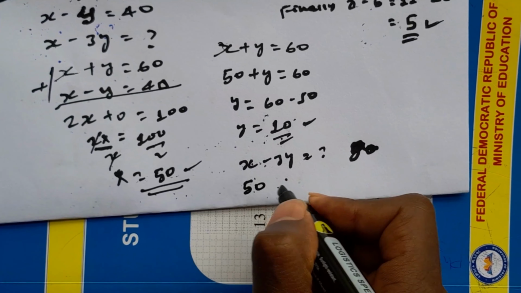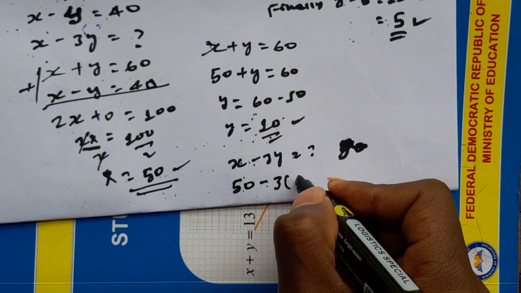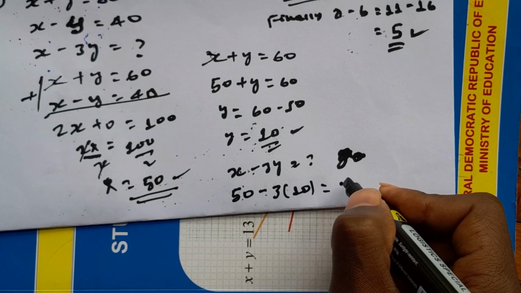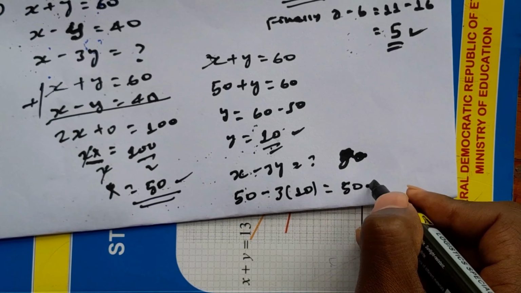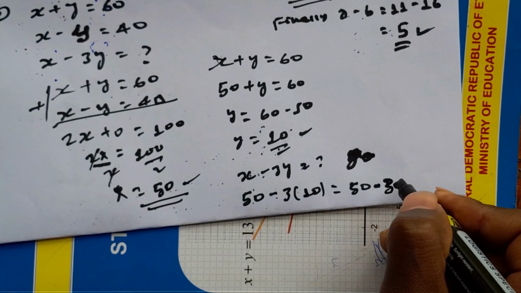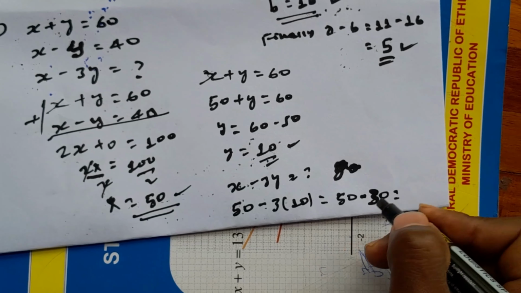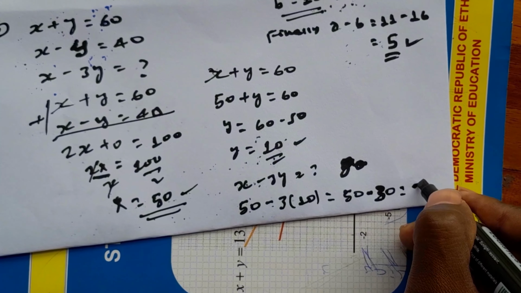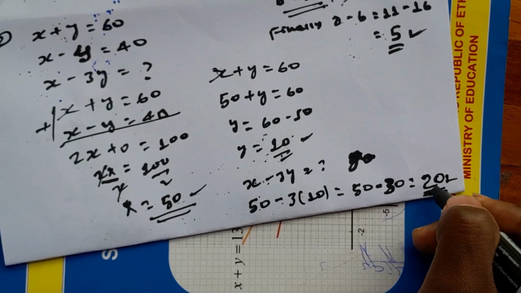X is 15, minus 3 times y, which is 1, is equal to 15 minus 3 times 1, which means 3. Yeah, 3. After that, 15 minus 3 means 12. The answer is 12.